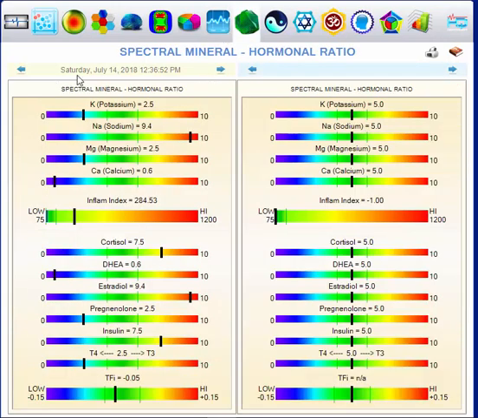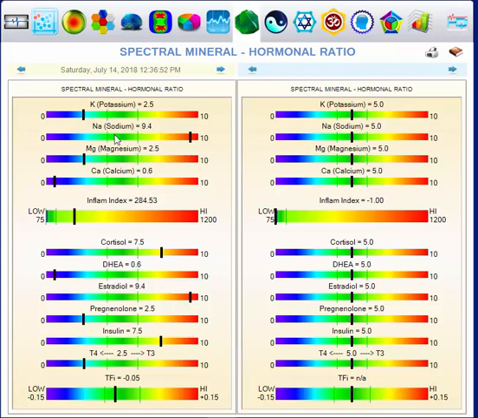Next, we'll see the spectral mineral and hormonal ratio. Again, as I mentioned, we are not directly measuring these minerals; it's extracted from the heart rate variability. So we want to see what the possible mineral and hormonal ratio is and in which direction it's going.